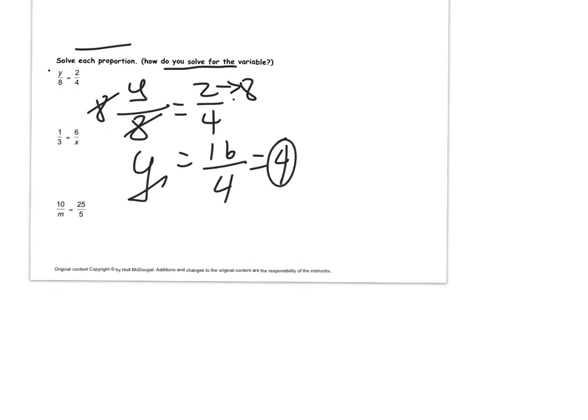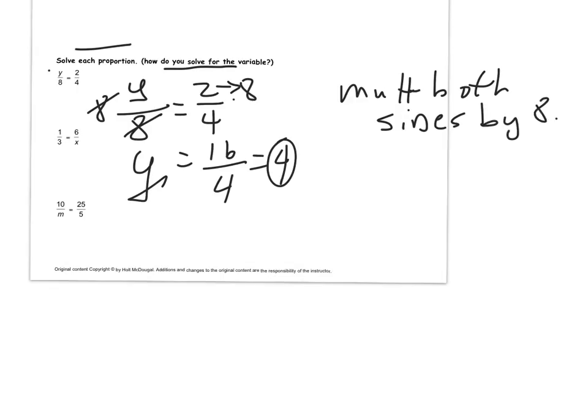In this case, I want you to write a statement on each one of your steps. So I'm going to multiply both sides by 8. That's my first step.